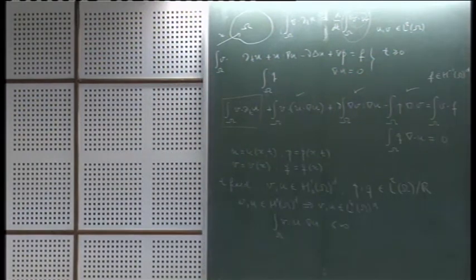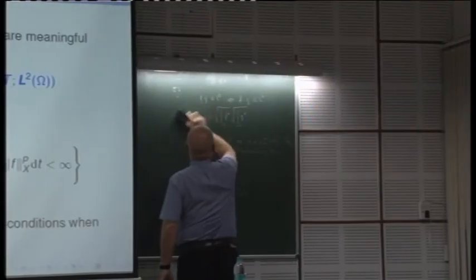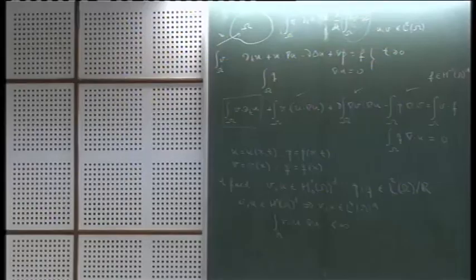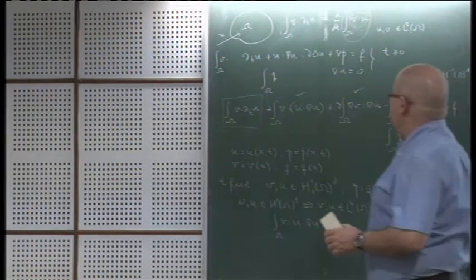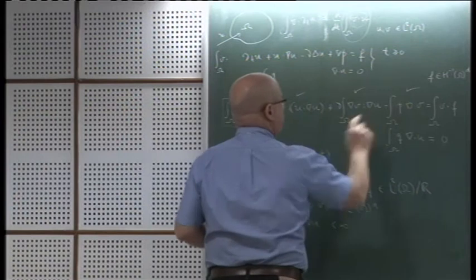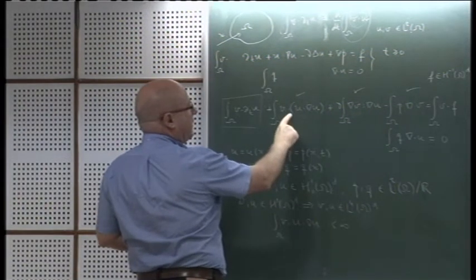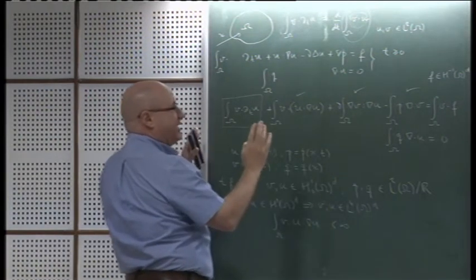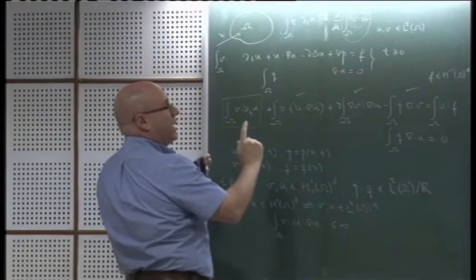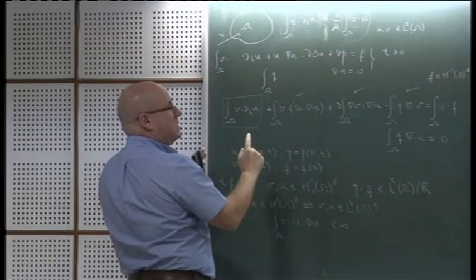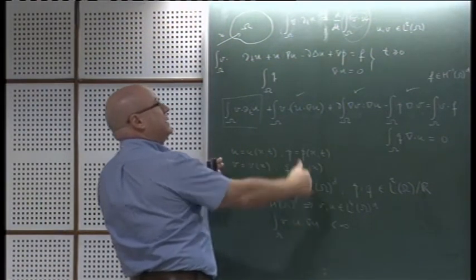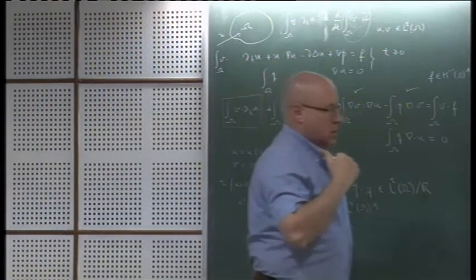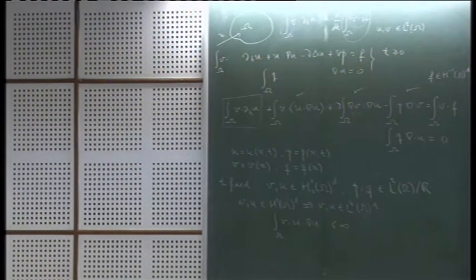Okay? So let's continue with our argument. We want to understand the equation in L2 in time. Therefore, what is the regularity that I need? If I look at these terms, I have seen that having the functions in H1 in space is enough. So their H1 norm has to be bounded in space. And once this is guaranteed, I have to guarantee that it's L2 in time. Okay? So let me summarize it.